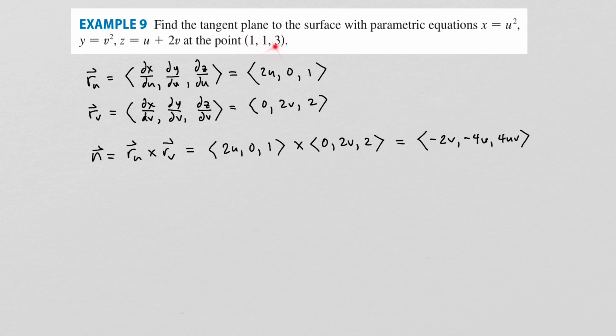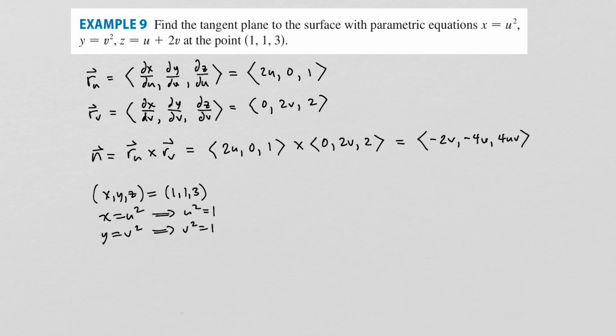Now the point (1, 1, 3), that's x, y, and z. Okay, so x, y, and z we know is equal to (1, 1, 3). And we know that x is equal to u squared, and so this means that u squared has to be 1. We know that y is equal to v squared, and so v squared has to be 1.